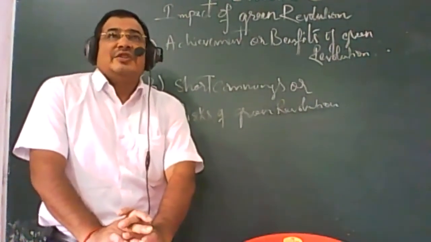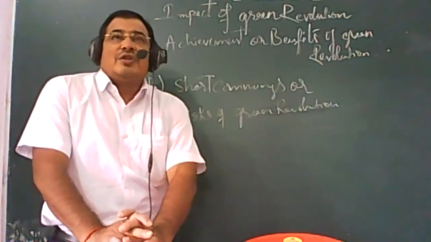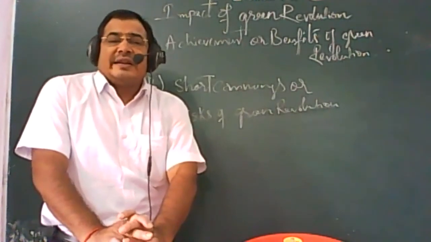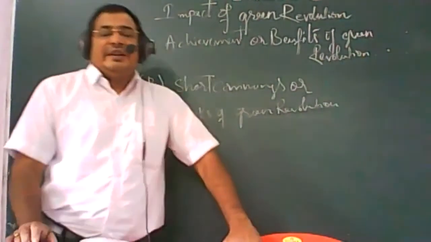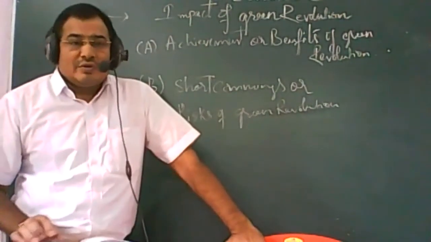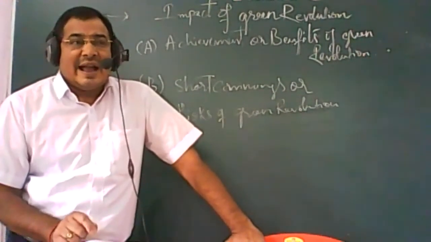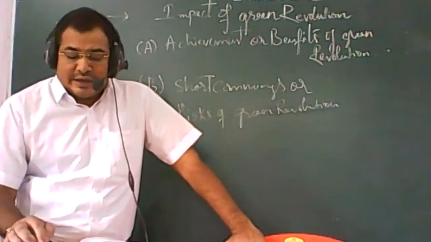and this has put a stop to the situation in the country where the total population is directly or indirectly dependent on the footprints of India. So you go and see the benefits and what are the risks related to the Green Revolution.